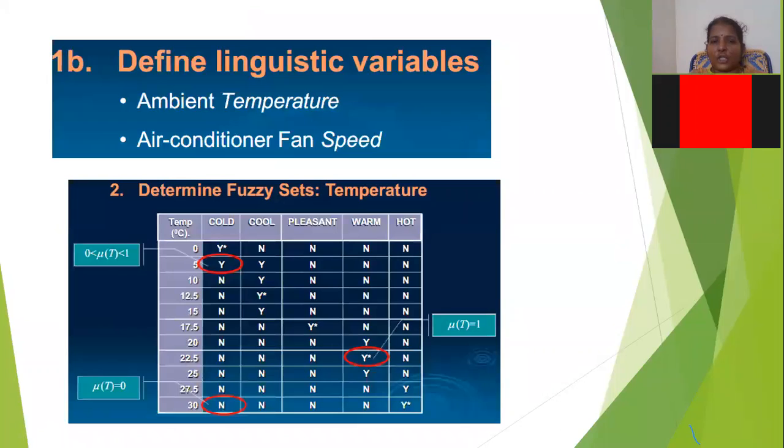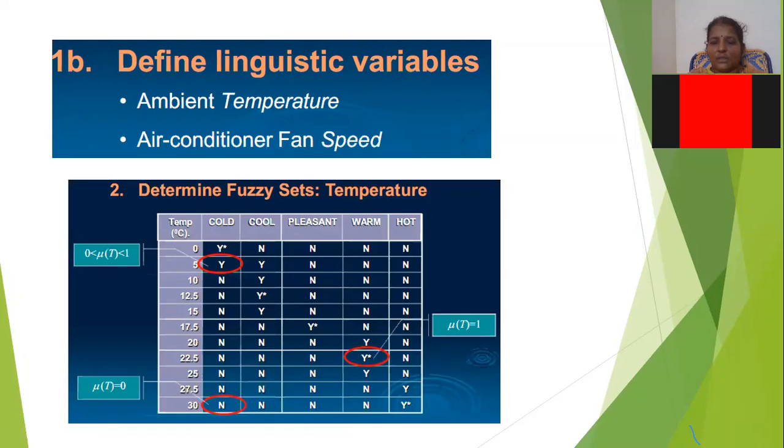For different ranges of temperatures, you are mentioning various conditions: cold, cool, pleasant, warm, hot. So you have classified 0 degrees centigrade, 5 degrees, 10 degrees, 12.5, 15, 17.5, 22.5, 30. 30 means hot.